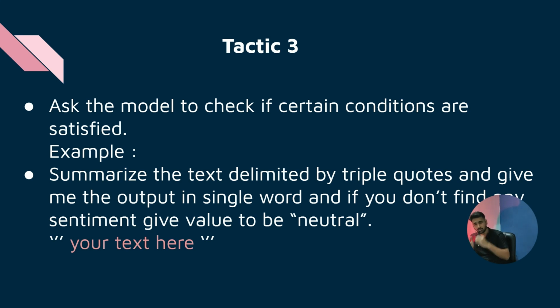If you're able to find this, do this. These are the conditions that you have to give to the GPT model. In this example, if you want to analyze the sentiment of a person, either positive, negative, or neutral, you can tell the GPT model in the prompt that if you are not able to find any sentiment, it can give neutral instead.